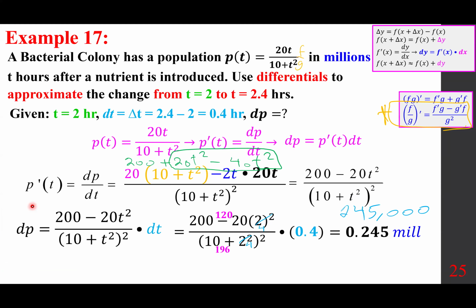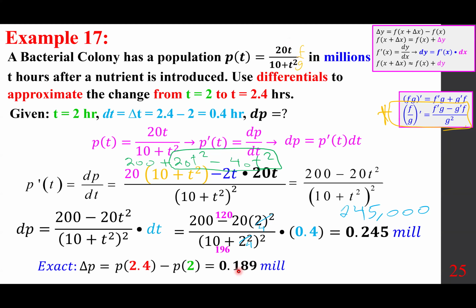What would be the exact? Delta P, the change in the population, which means P(2.4) minus P(2). That's the meaning of it. Now, I'll let you do that. Just plug in 2.4, evaluate it. Plug in 2, evaluate it.